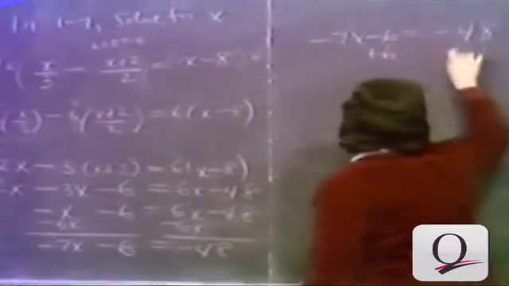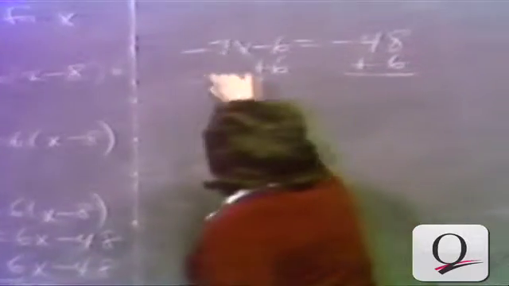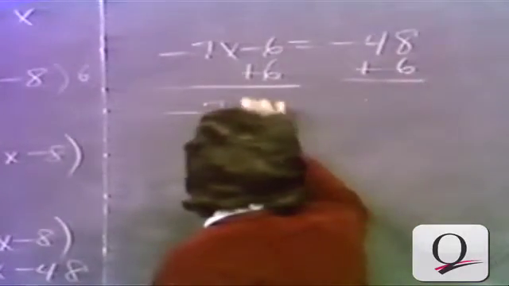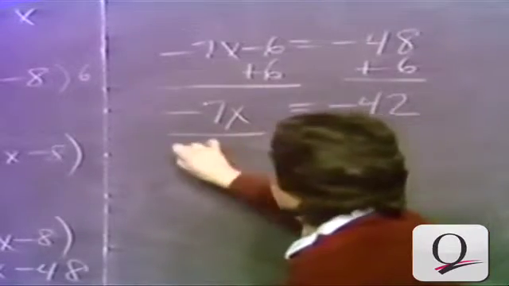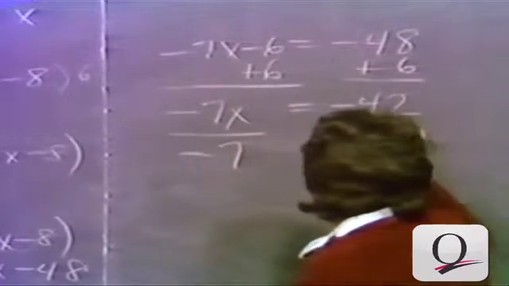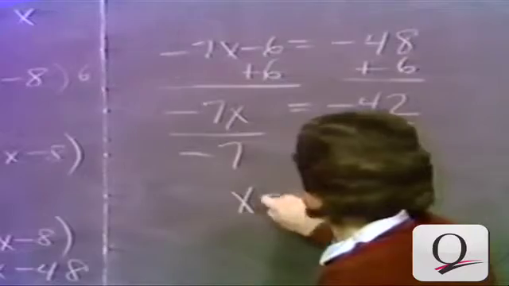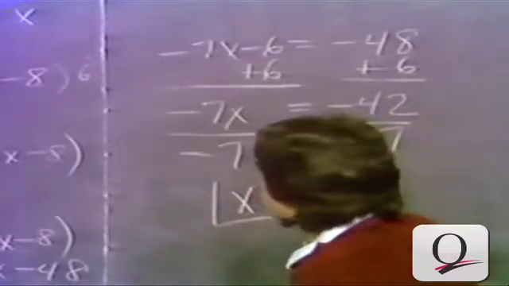Then we can add 6 to both sides of the equation, giving us minus 7x equals minus 42. And finally, to get x alone, we divide both sides by minus 7, giving us x equals plus 6.